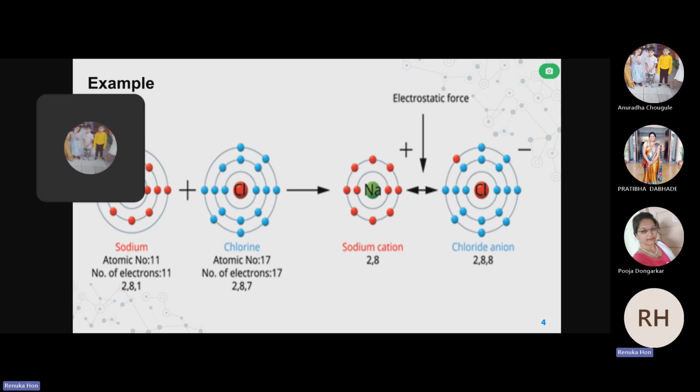When we talk about chlorine, it has 7 electrons in the outermost shell. Then we cannot say that chlorine's valency is 7, because it accepts only 1 electron to complete the octet. So sodium has valency 1 and chlorine also has valency 1.